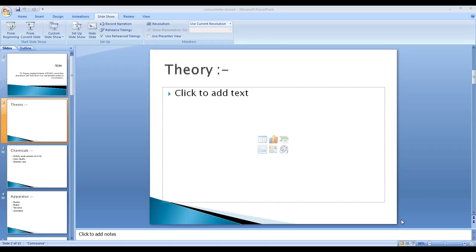So let us see the instrumentation. You can see the light source which passes from the slit. So when this light passes through the lens, it gets converted to monochromatic light. So it is important that the radiation must be monochromatic light. So conversion of polychromatic light to monochromatic light occurs.